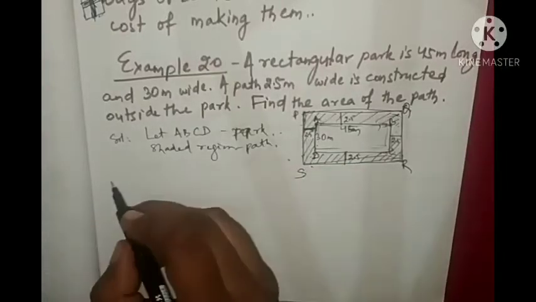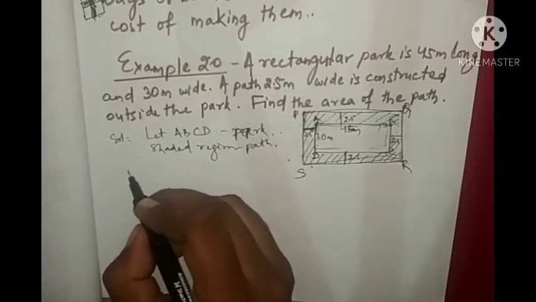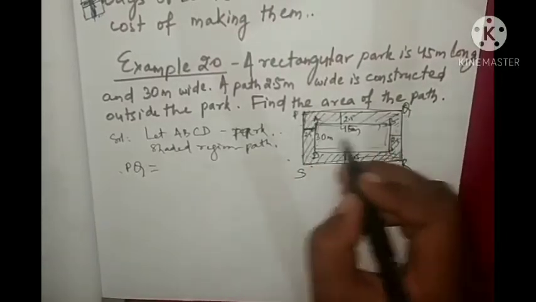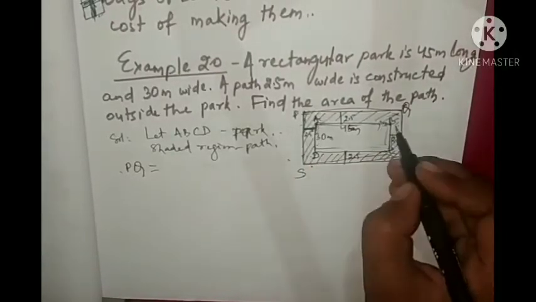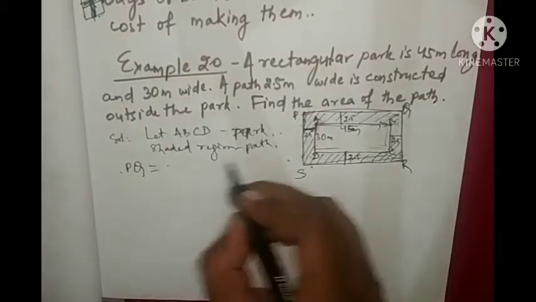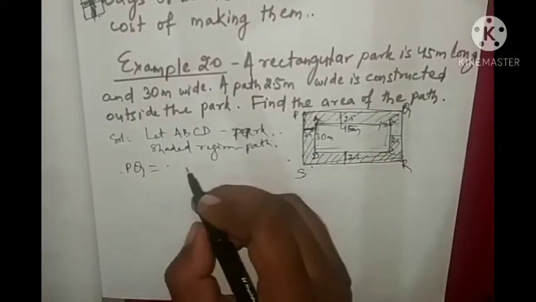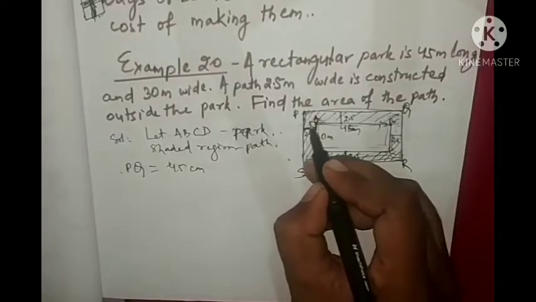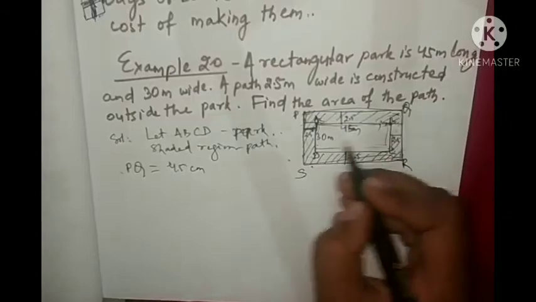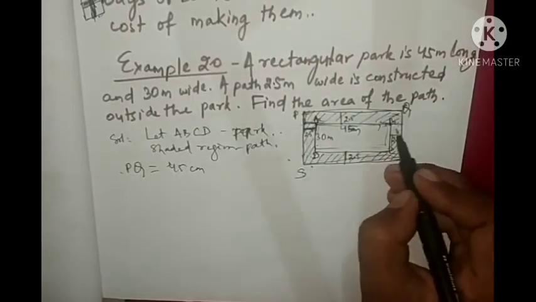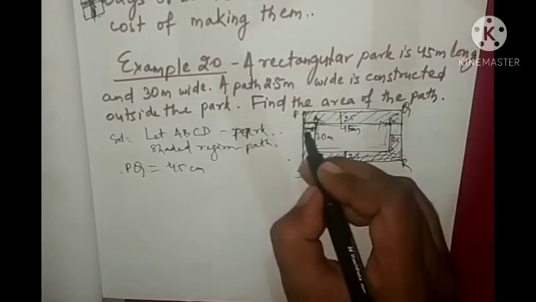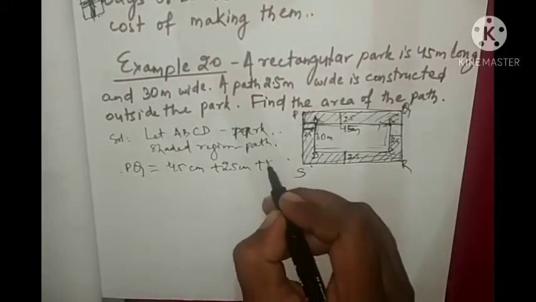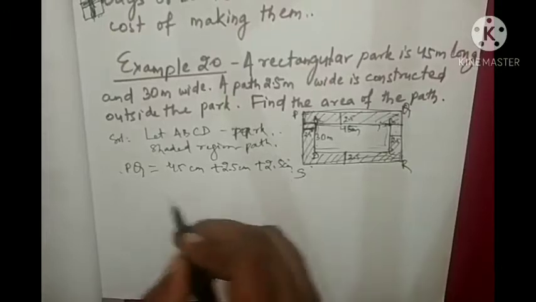So we will find PQ. PQ is equal to AB, which is 45 meter. You extend this side and extend here, so here you will add 2.5 meter and here you will add 2.5 meter. So 45 meter plus 2.5 meter plus 2.5 meter.